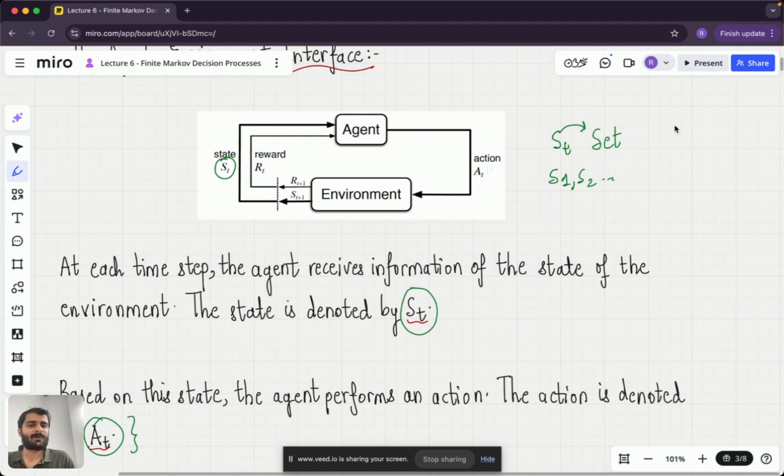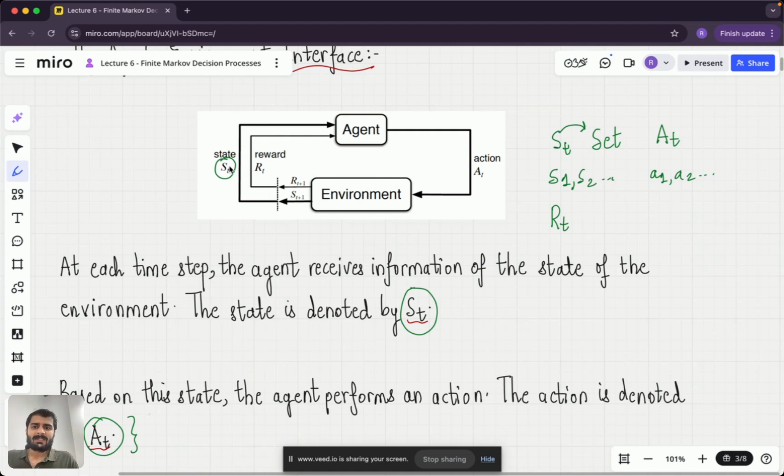Similarly, actions are denoted by A of t. The action set is denoted by A of t, and individual actions within this action set are denoted by A1, A2, A3, etc. And then, in a similar fashion, the reward set is denoted by R of t, and then individual rewards are denoted by R1, R2, R3, small letters, etc.